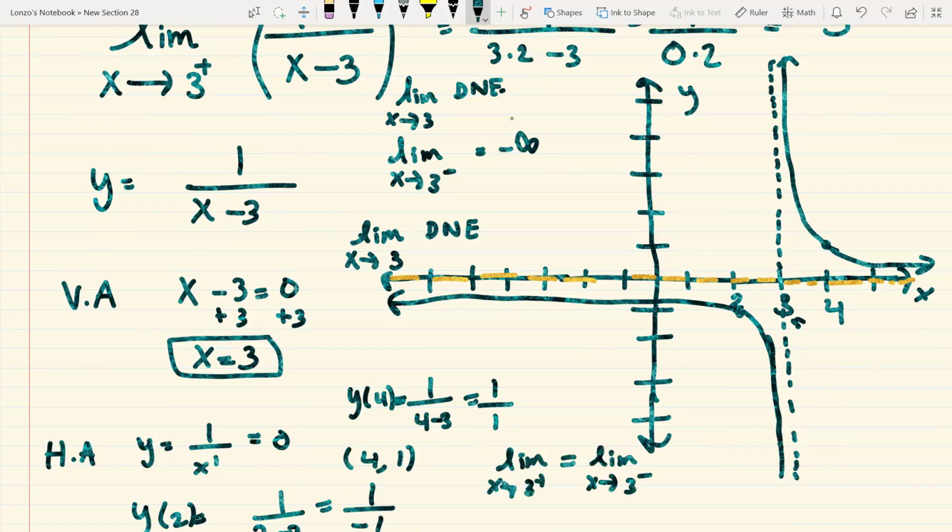If they're not the same, the limit at 3 does not exist. So they're not the same.